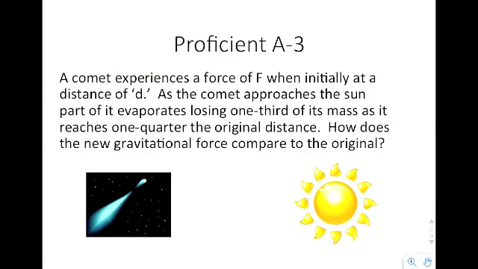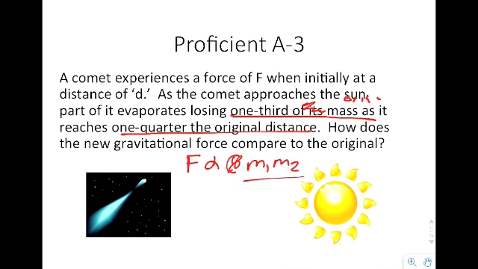Okay, the next one says, a comet experiences a force of F when initially at a distance of d. As the comet approaches the sun, it evaporates, losing 1/3 of its mass and reaching 1/4 of the original distance. So in this particular case, it is 1/3 of its original mass. Okay, so originally I have m1, m2 over d squared. Now, the mass of the sun doesn't change, so this is going to be a constant number.